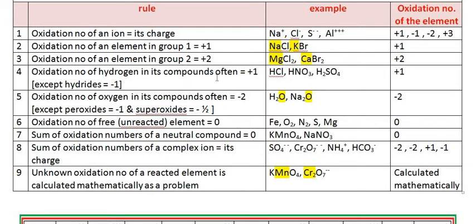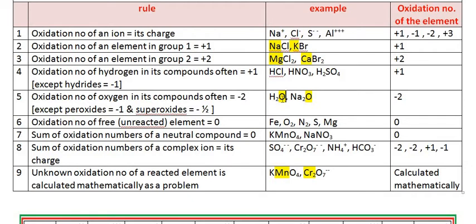The oxidation number for hydrogen in most of its compounds is plus 1. The oxidation number for oxygen in most of its compounds is minus 2.